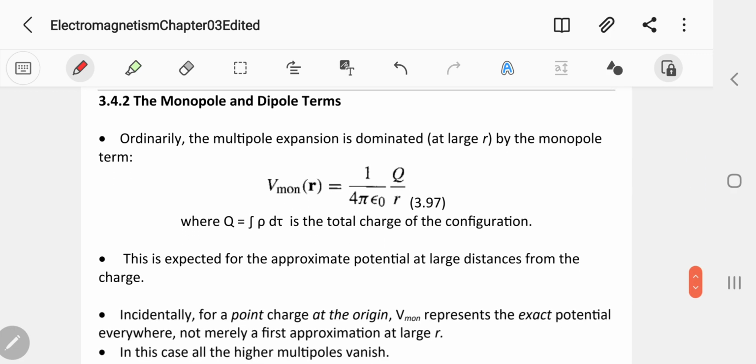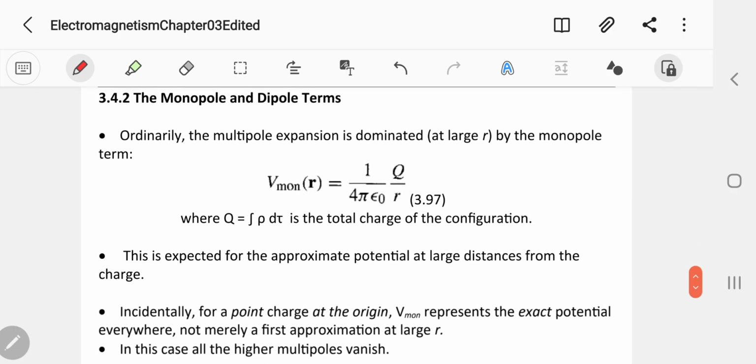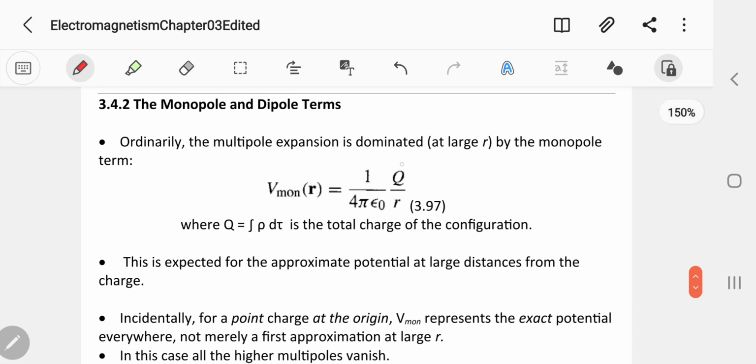So let's look at the monopole and dipole terms. The monopole term is this one. And of course, this is what we had studied in chapter 2, for example.